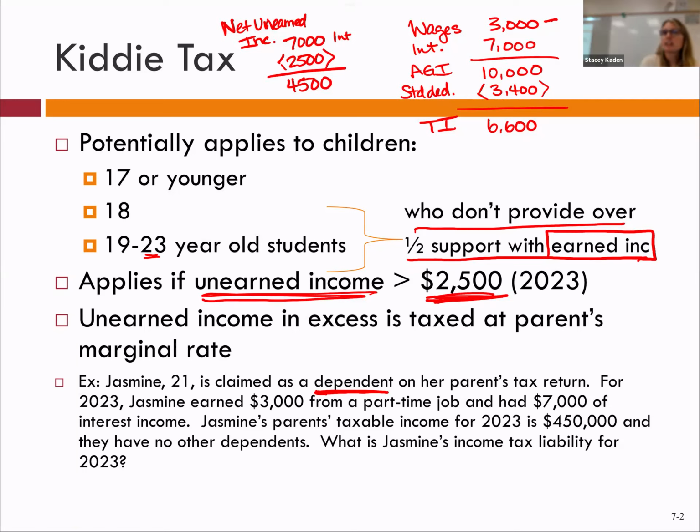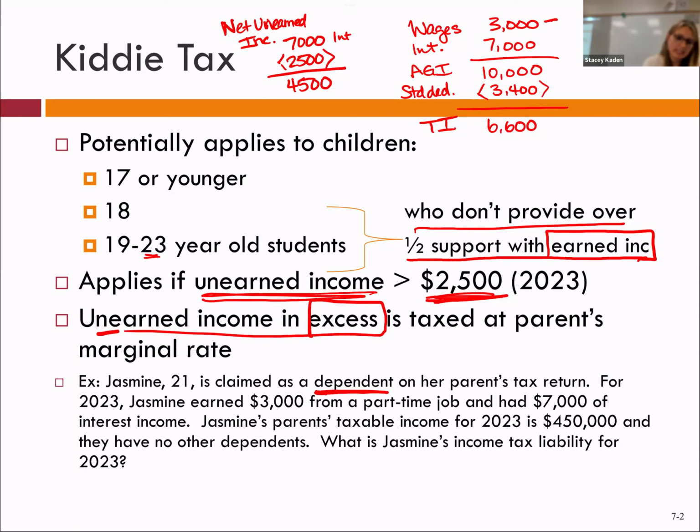Yeah, you don't have to pay the kiddie tax if your unearned income is 2,500 or less. And you can get that from your resource sheet. Okay, so it says unearned income in excess is taxed at the parent's marginal tax rate.